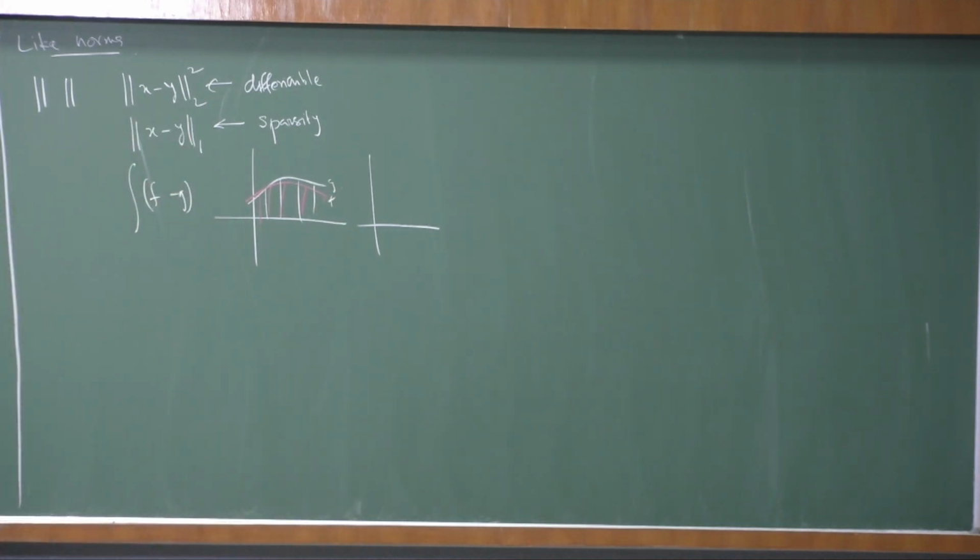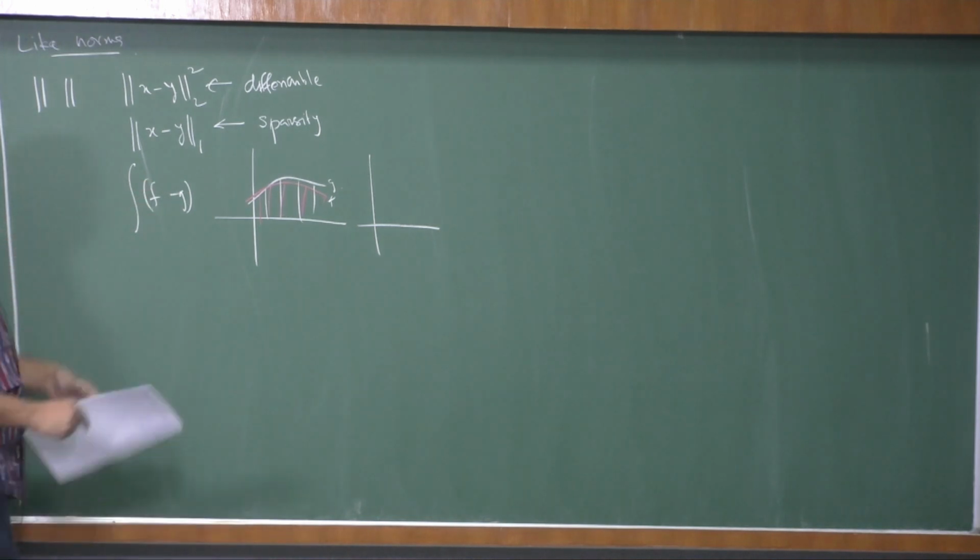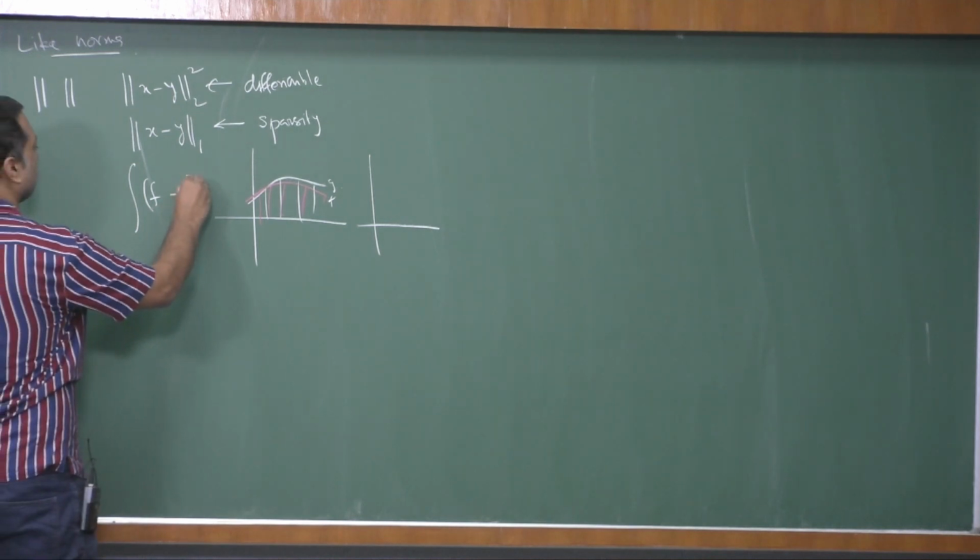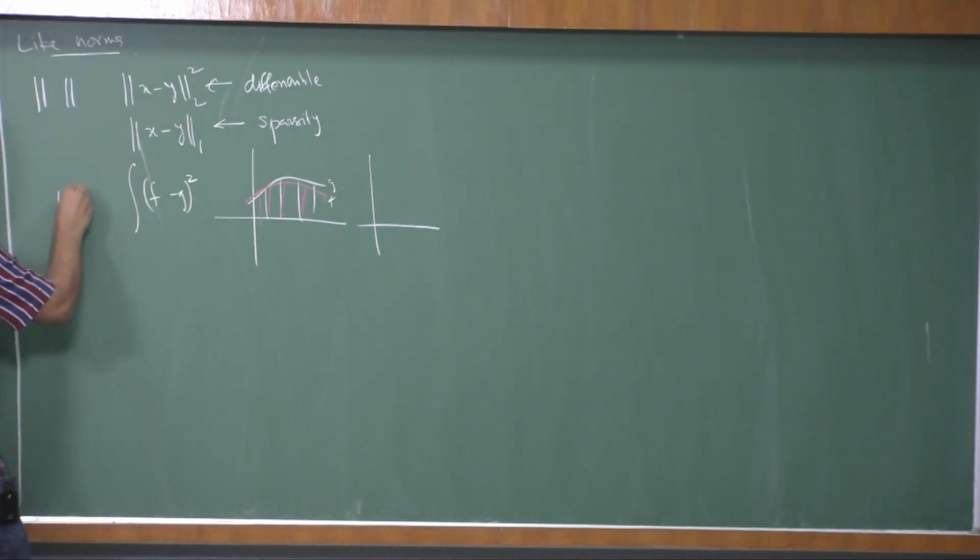So here I need a norm, and I can make it, let us say, the capital L2 norm between f and g, and so on. We are familiar with quite a few norms that we use in the vector space, but we are not that familiar with the norms used to compare 2 different distributions.